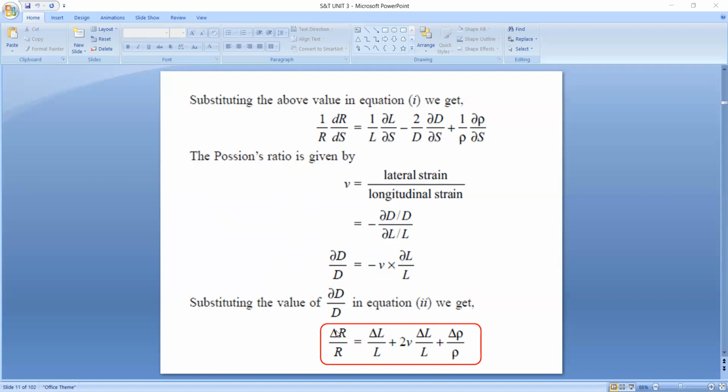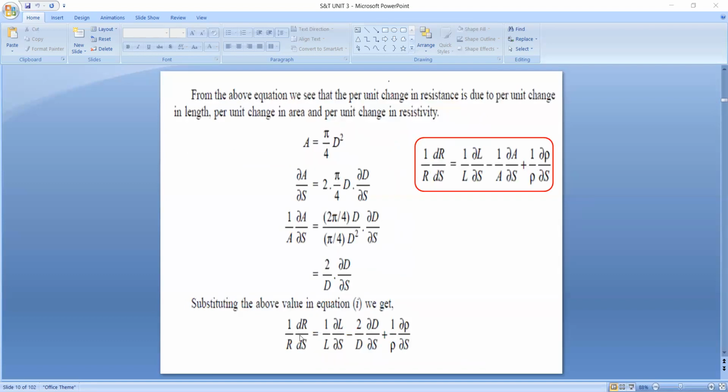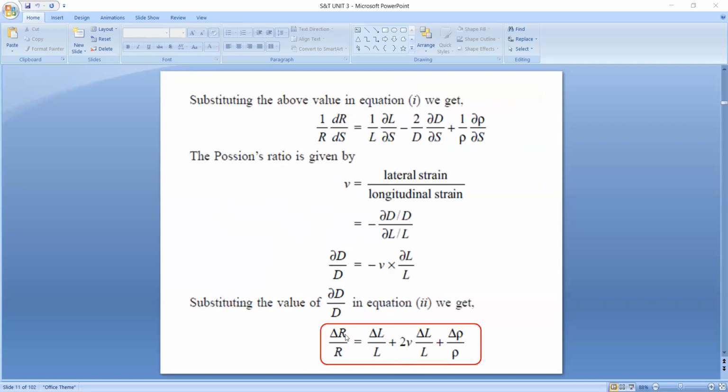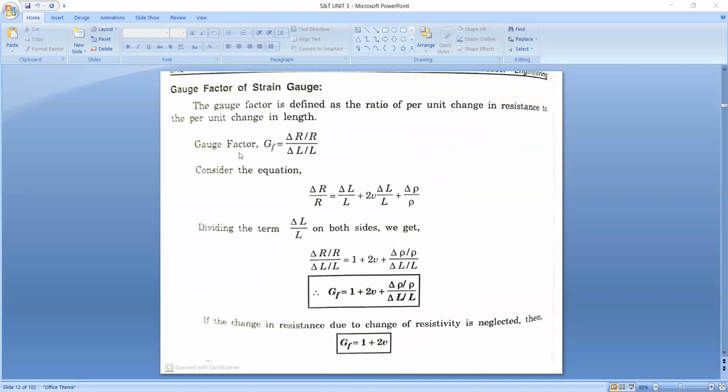Then all these parameters, dou R by dou S can be represented as delta R, dou L by dou S as delta L, dou d by dou S as delta D, and dou rho by dou S as delta rho. So, delta R by R is equal to delta L by L plus 2v delta L by L plus delta rho by rho.